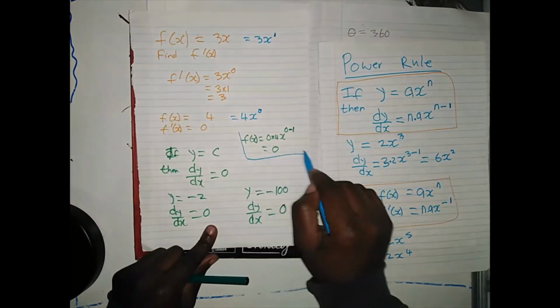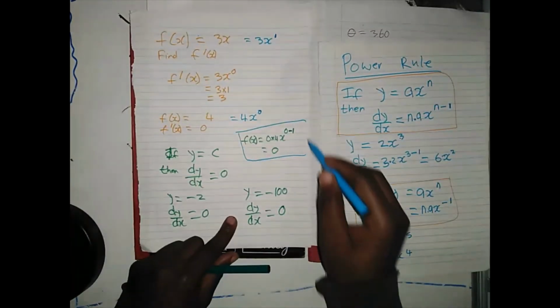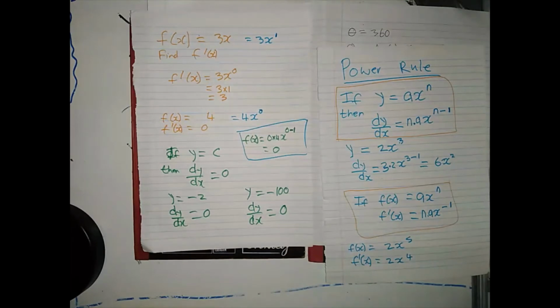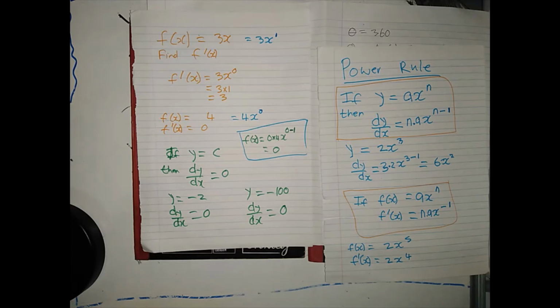But basically the bottom line, what you should remember for your test and for your exams, is that the derivative of any number or a constant is nothing other than 0. Okay, do you get that?